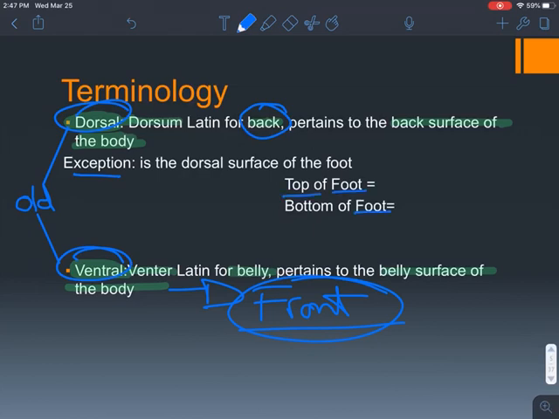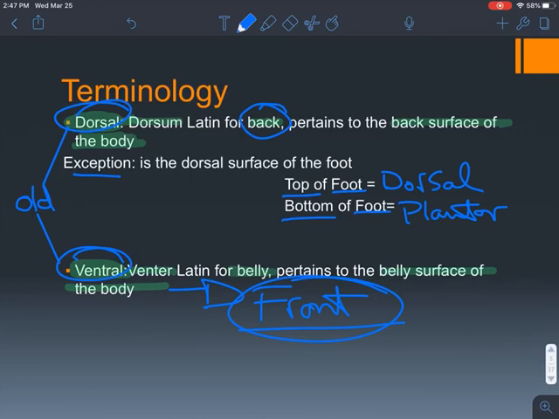The top of the foot is the dorsal, and the bottom of the foot is the plantar. So top of the foot is dorsal, bottom of the foot equals plantar.